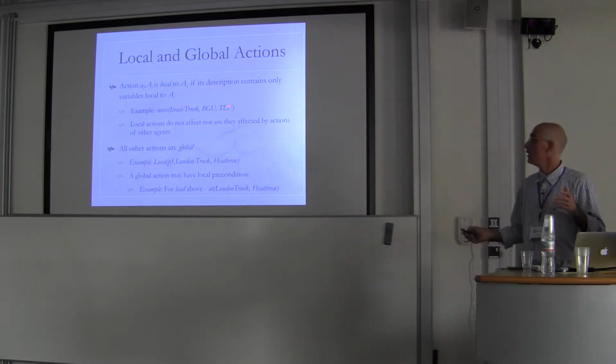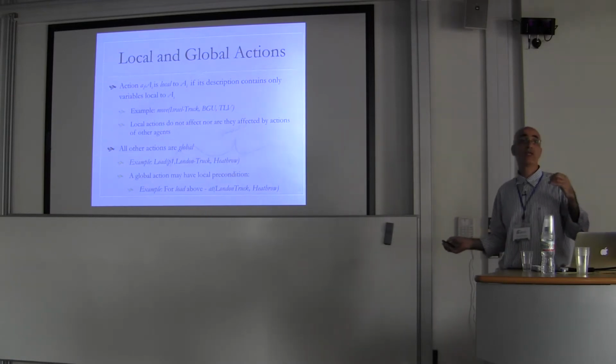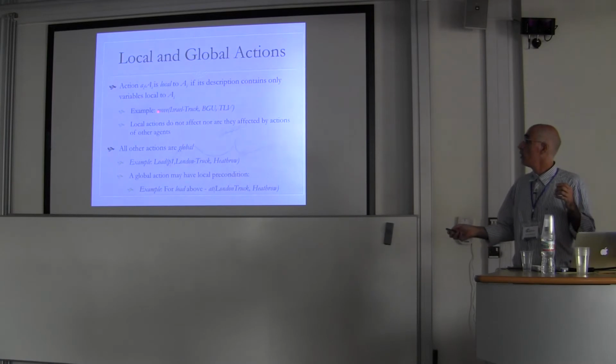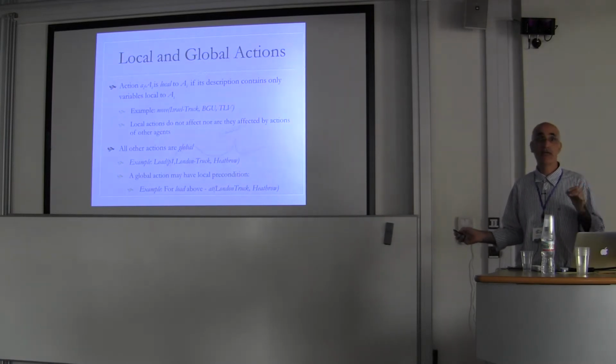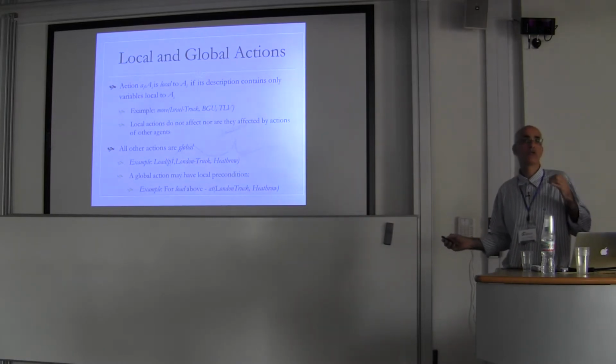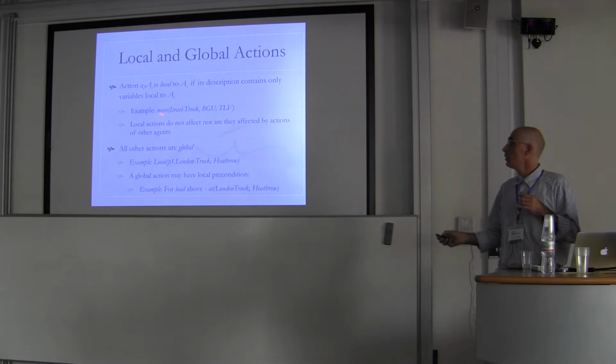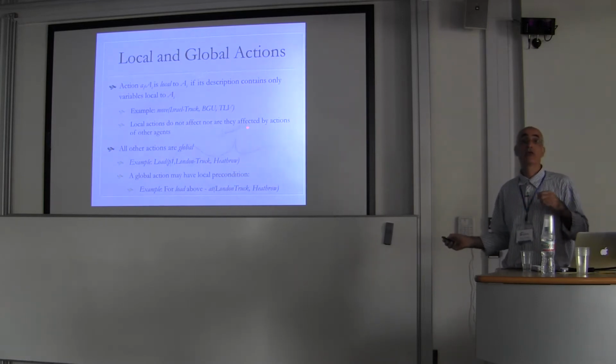The truck being at the destination. So the only things that appear in the description of the move action are the location of the truck, in the precondition and the effect. The location of the truck, we saw before, is local to the truck. So this action, which only impacts and is only impacted by local variables, local propositions, is called a local action.